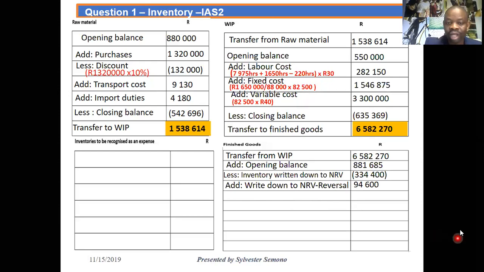Okay. So you need to make sure that you know that the write-down amount must always be deducted because we wrote down, or in other words, we decreased that cost of the finished goods by how much? 334, because it was just written down to the net realizable value. In other words, the cost was more than what? The net realizable value. So that's how we have to deduct. But this one has been reversed, so we need to add back.